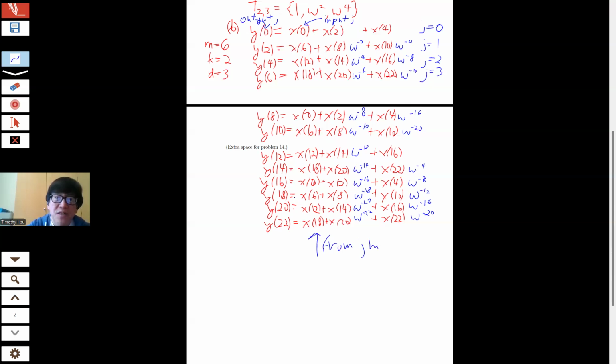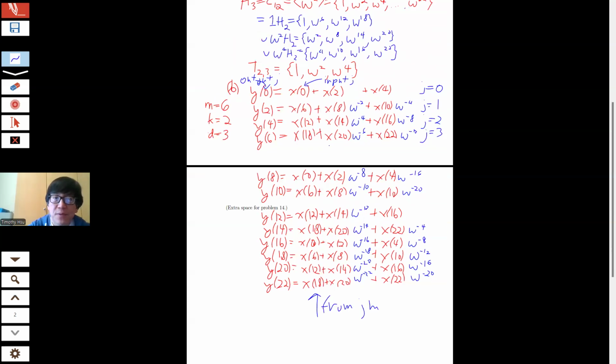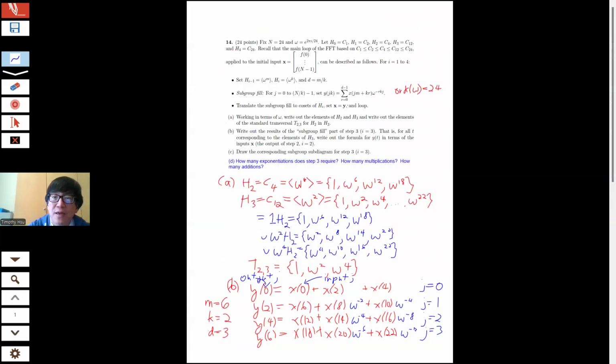So that 0, 6, 12, 18, 0, 6, 12, 18 is literally JM. When you have r equals 0, the first thing that shows up in every equation is just x of jm. So they all start at x of jm.